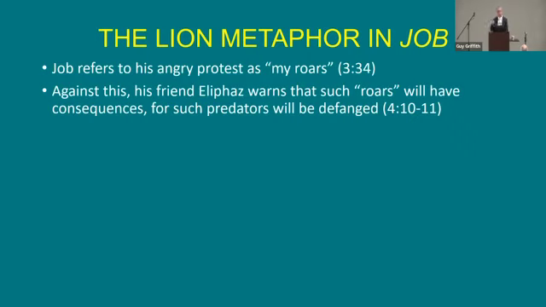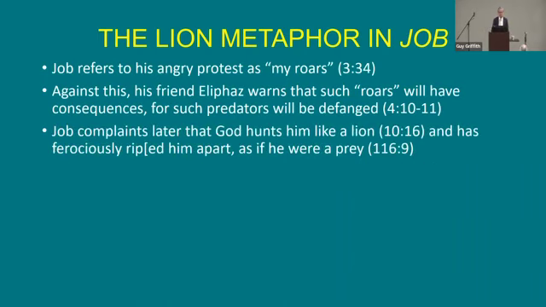Predators who roar like this will be defanged. So God is going to defang you, and your brood will starve to death. He threatens Job. But Job doesn't back off. So he complains later that God hunts him like a lion, and that God has ferociously ripped him apart as if he were prey.